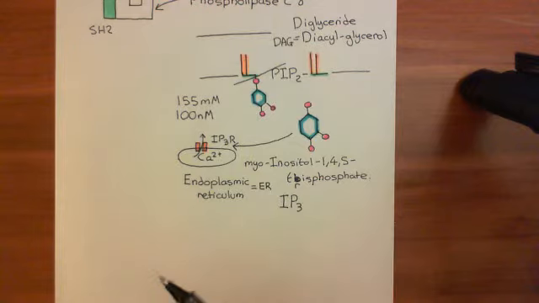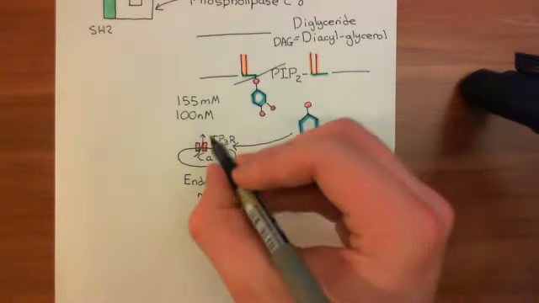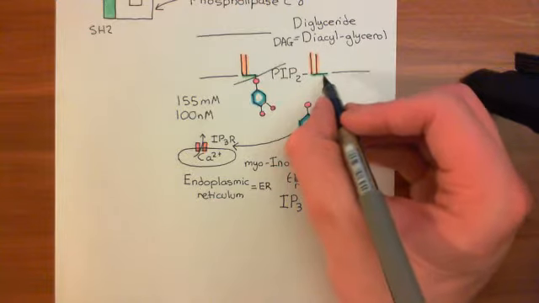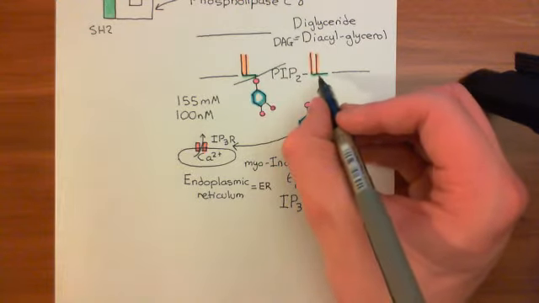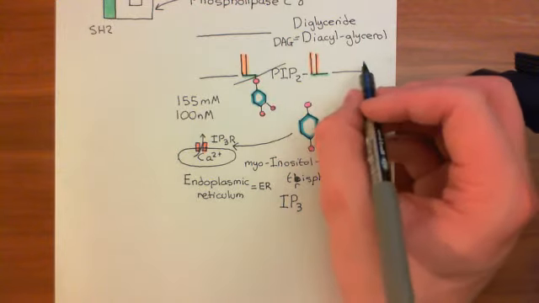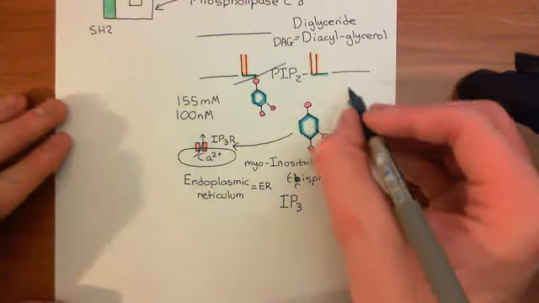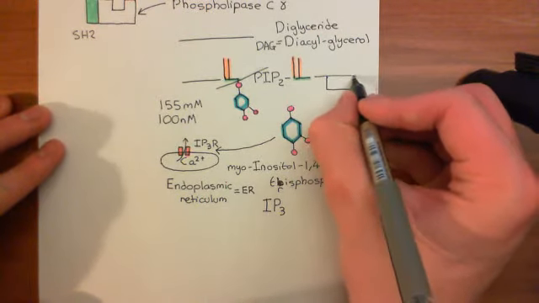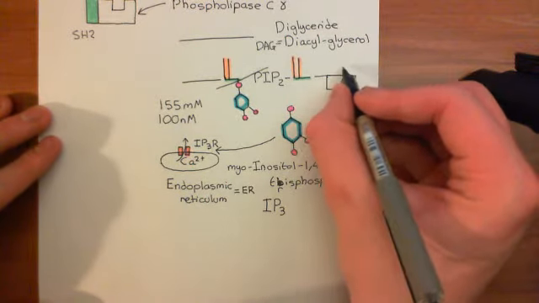Now, this calcium and this diacylglycerol, those will be capable of activating a certain enzyme which is at the phospholipid bilayer, basically. So I'm going to draw this enzyme here. Okay, so it's attached to the inner leaflet of the phospholipid bilayer.